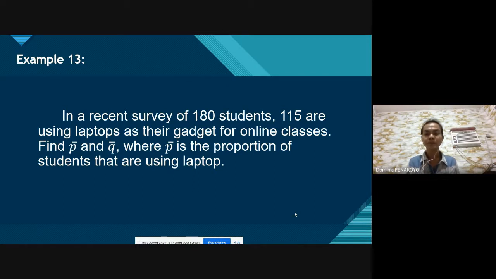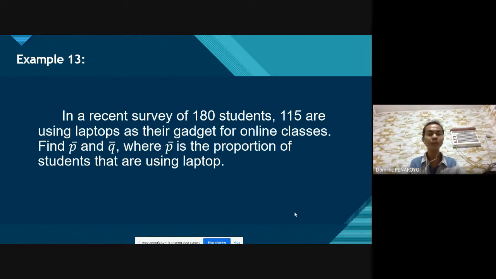So, ano ba sa dalawang given natin dito ang pinakamaliit? That is 115. So therefore, this is our X, and 180 is our sample size.